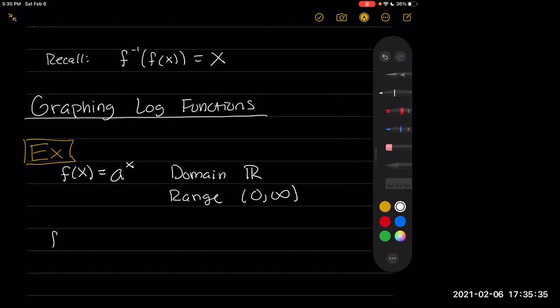So then if we look at the inverse, which is log base a of x, we're going to switch domain and range. So now the domain is 0 to positive infinity. That means the numbers we can input into our function lie here, and then our range is all of the real numbers.